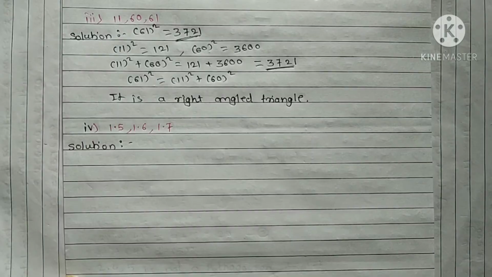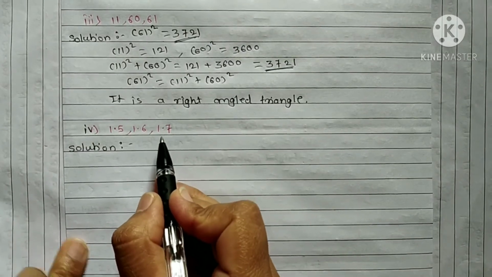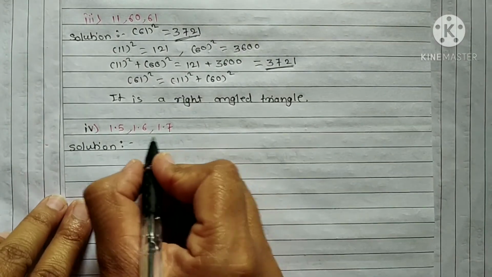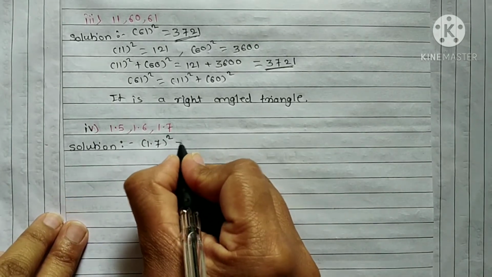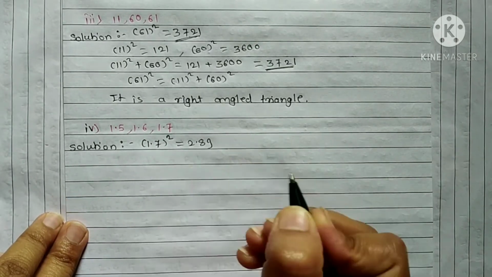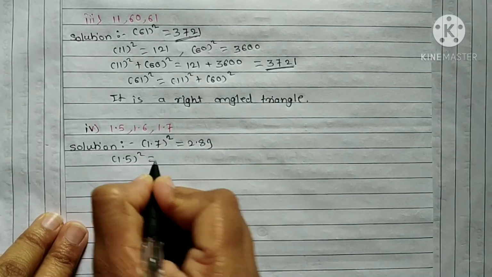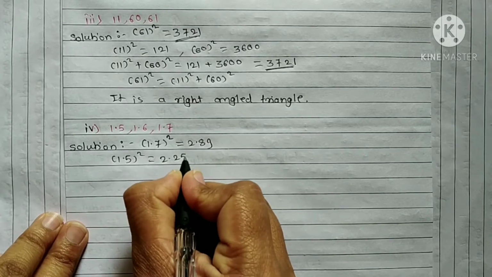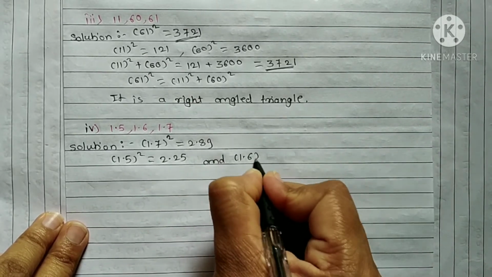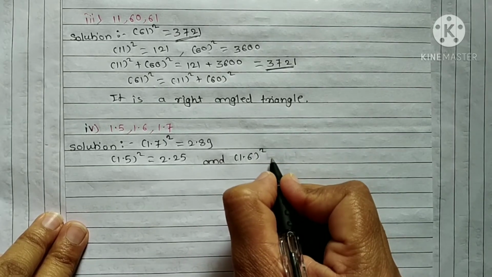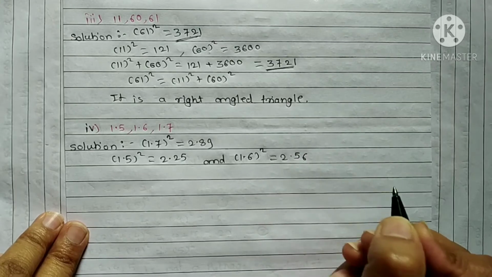Now next is 1.5, 1.6 and 1.7. Here the biggest number is 1.7. So 1.7 square is equal to 2.89. Now the square of the other two numbers, 1.5 square is equal to 2.25, and 1.6 square is equal to 2.56.